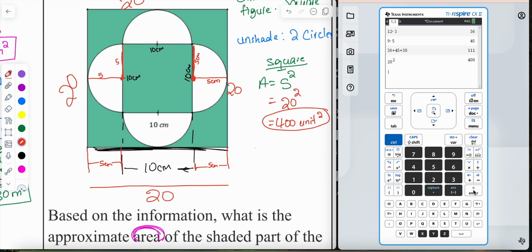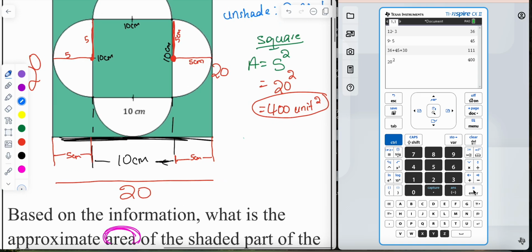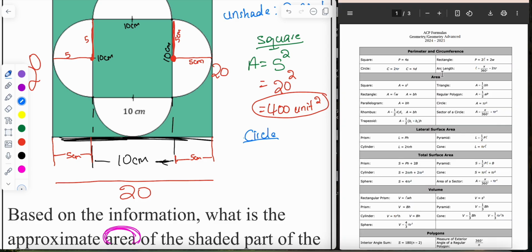So now we're going to find the area of our circle. How do we find the area of a circle? If you go to your formula sheet, you see area right here and you see circle right here. Area is going to be pi r, which is the radius, squared.